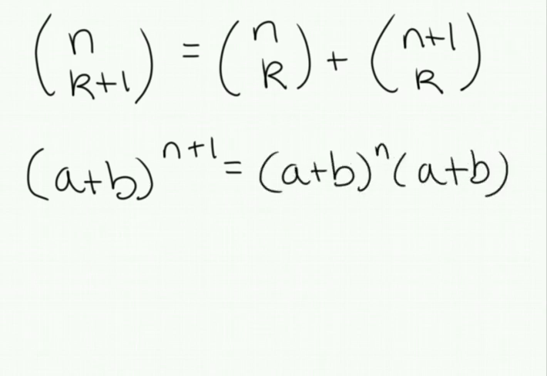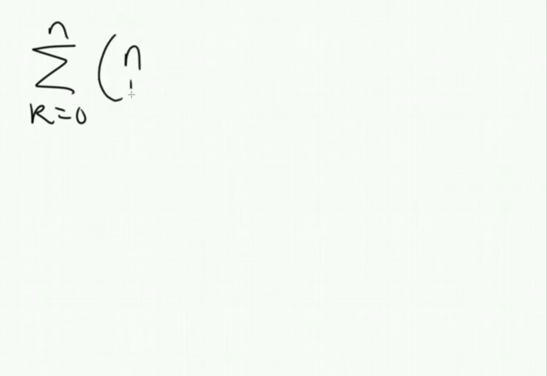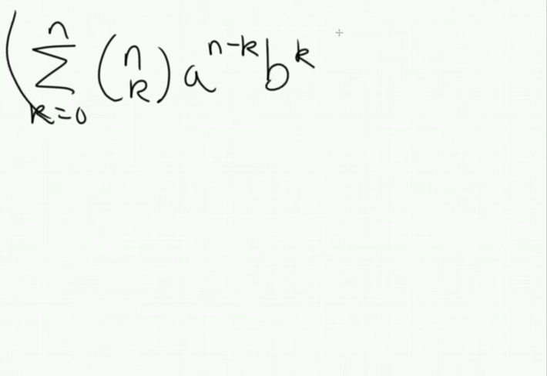And for (a + b)^n, we can use the inductive hypothesis. Using that, we have the sum from k equals 0 to n of n choose k, a^(n-k), b^k times (a + b).